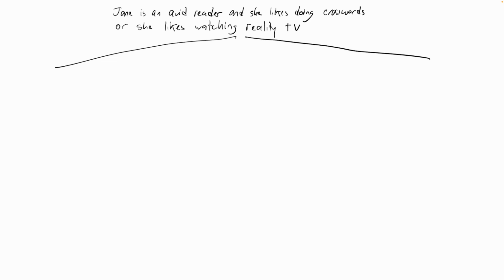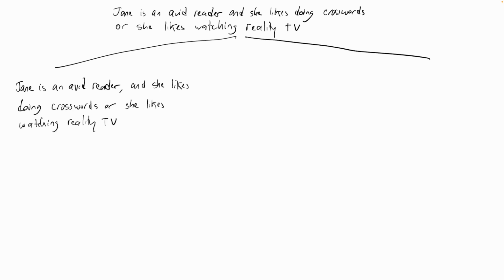On the first reading, the sentence definitively asserts that Jane is an avid reader, and it's somewhat non-committal about what other activities she likes, only going as far as saying that she also likes either crosswords or reality TV. By contrast, on the second reading, the sentence doesn't definitively assert that Jane is an avid reader.